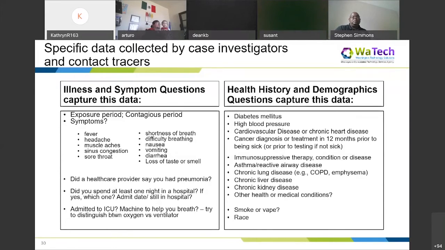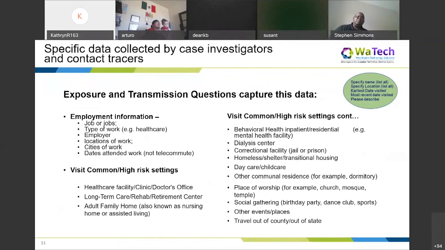And that is also true for the next slide that goes into details about employment. And there's a whole list of high-risk facilities that case investigators make sure to ask about, in terms of making sure that if there's a large exposure, people can be properly notified or contacted in terms of tracking the outbreak.